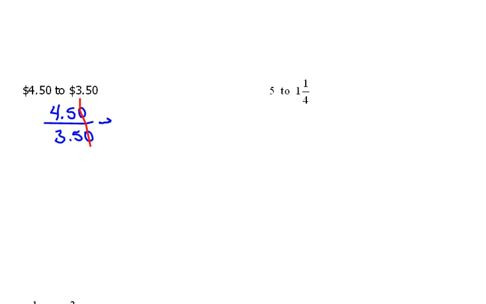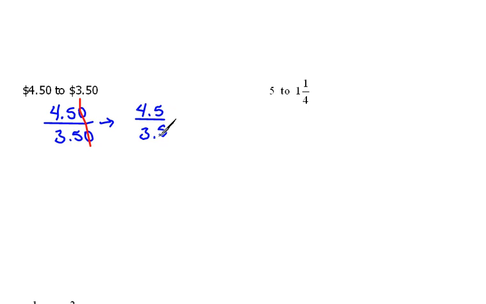Now, that leaves us with 4.5 compared to 3.5, or 4.5 over 3.5. Now, here's another little trick that you can use whenever you're working with decimals. Because decimals are just powers of 10, because our number system is powers of 10, we can do something really interesting here which will help us to simplify.